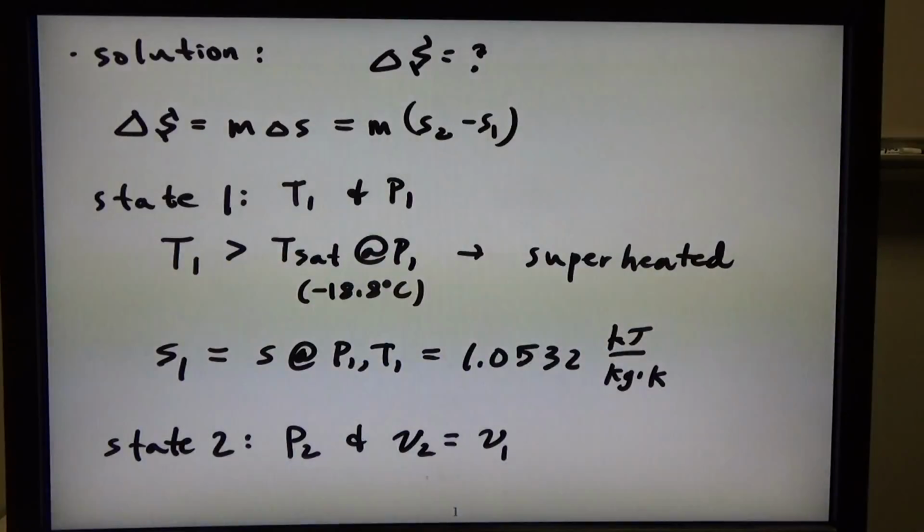So for our second property value at state 2, we're actually going to need to look up V1. So we look up V1 the same way that we did S1. We have specific volume at the given pressure and temperature. My computer is frozen, so just wait a second.